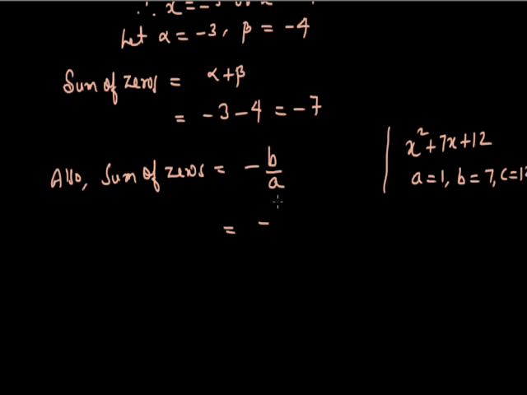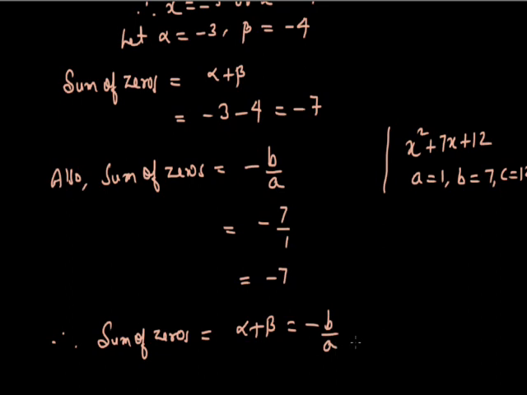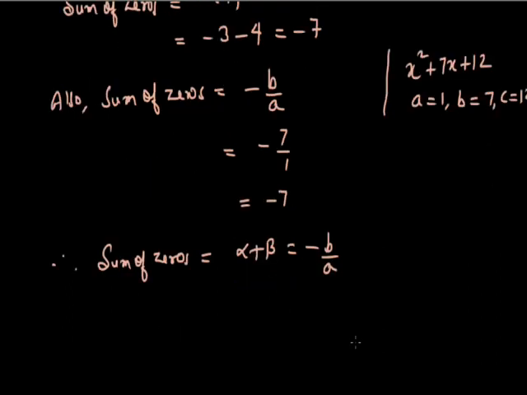So sum of zeros is −b/a = −7/1, which is equal to −7. Therefore sum of zeros, α + β, is equal to −b/a. So this is the relationship between sum of the zeros and the coefficients of the quadratic polynomial.